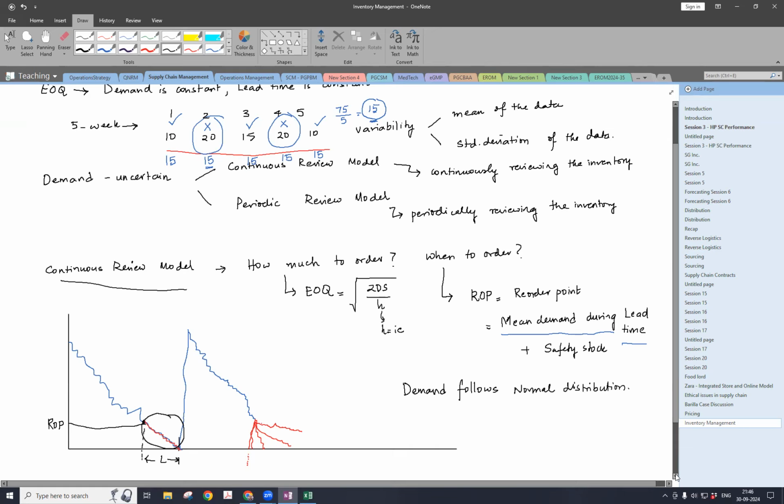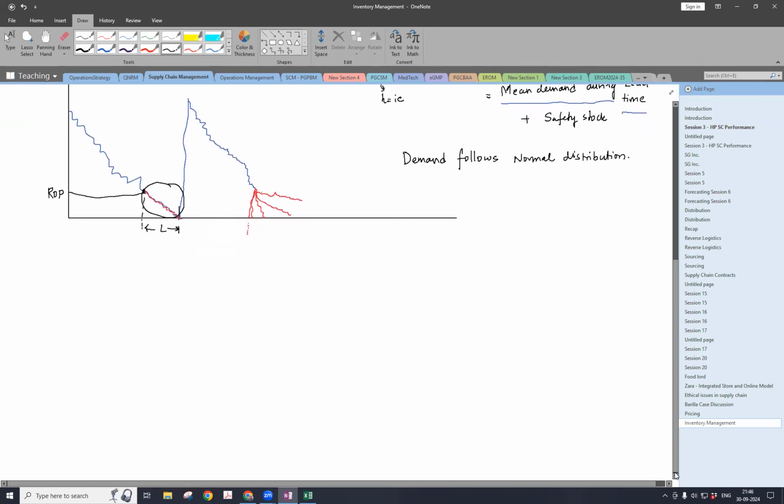It means that if we have multiple demand values for multiple weeks, and we look at the distribution, which is largely coming from the histogram, which is again the concept of frequency distribution, right?